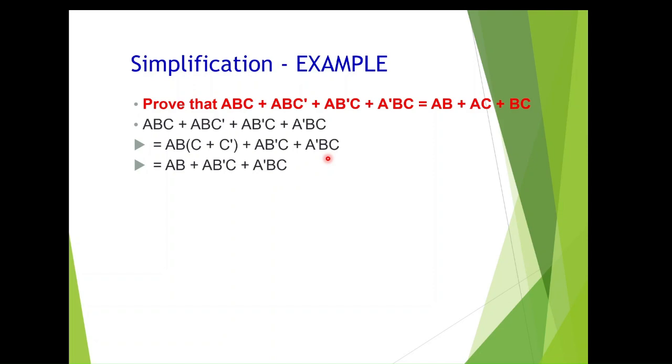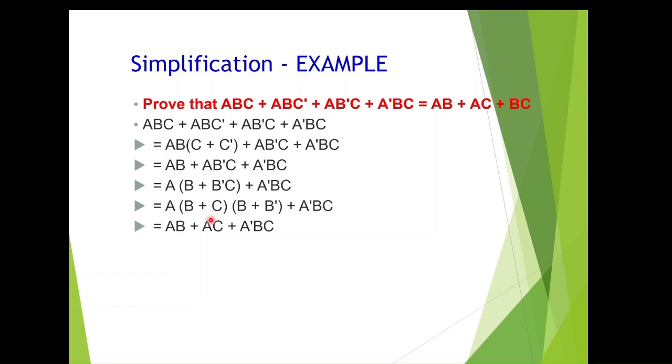So just write AB + AB'C + A'BC. Then again A can be taken outside, B + B'C, plus A'BC. B + B'C, you can use the distributive law: (B + C)(B + B'). B + B' is 1. So you will be getting AB + AC + A'BC.